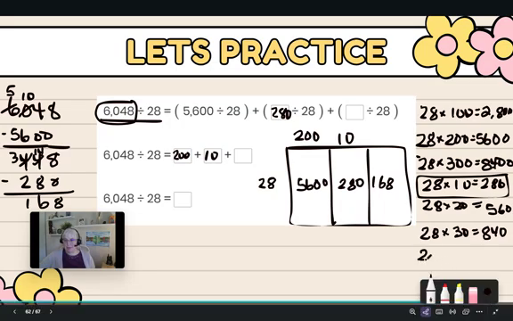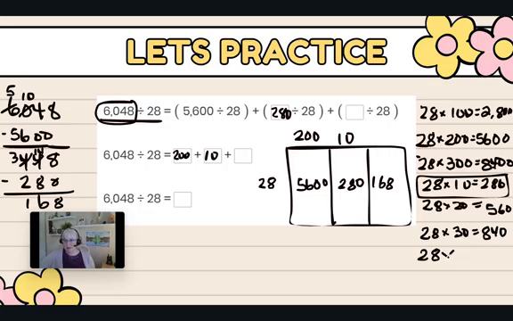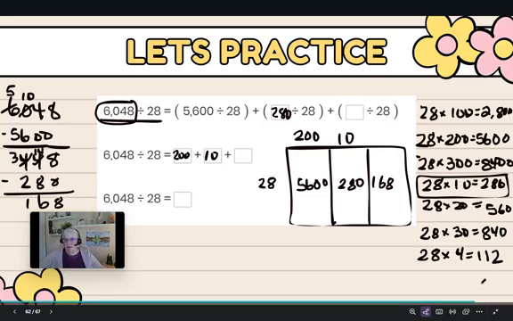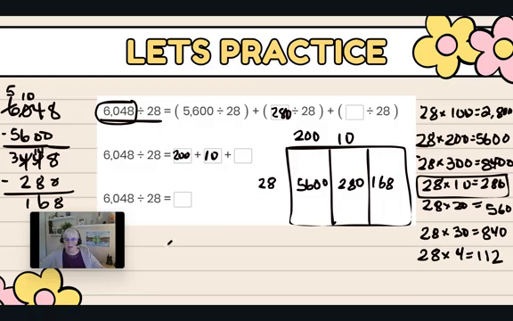So I'm going to start 28 times 4. 4 times 8 is 32. Write the 2, carry the 3. 4 times 2 is 8, plus 3 more is 11. Ooh, we're getting close. 28 times 4 is 112. I need to move over here for more room.